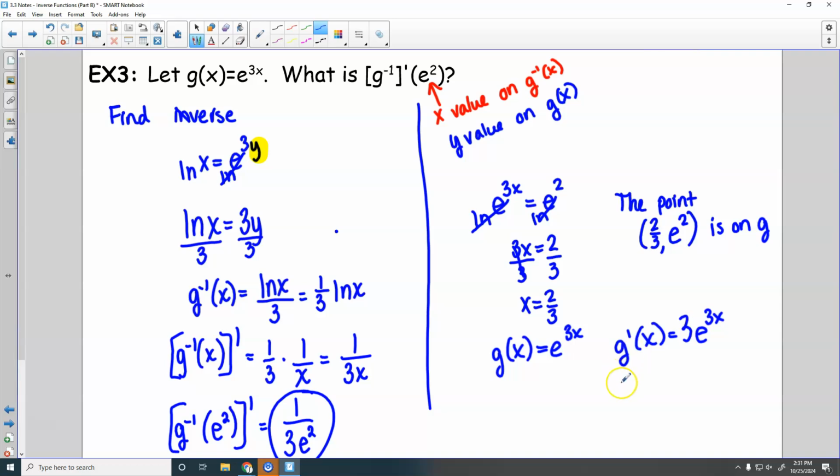So there is your derivative of g. You can do g prime of 2/3. And that's going to be 3e to the 3 times 2/3, which is going to be 3e squared.